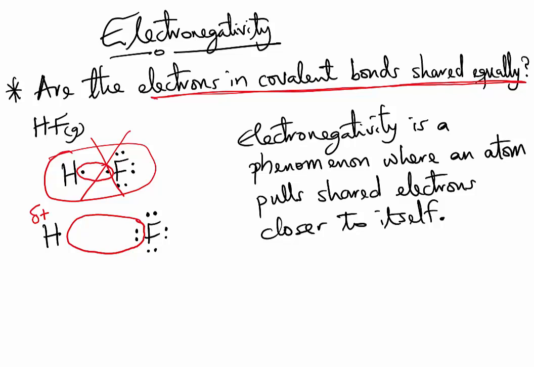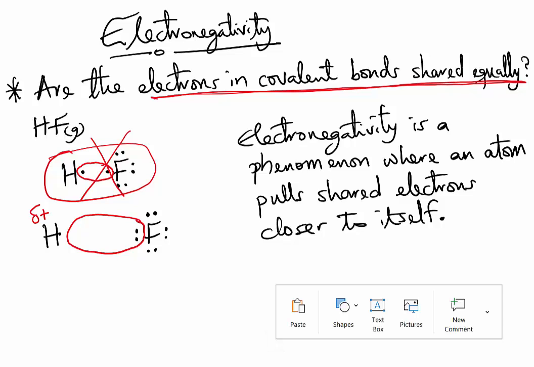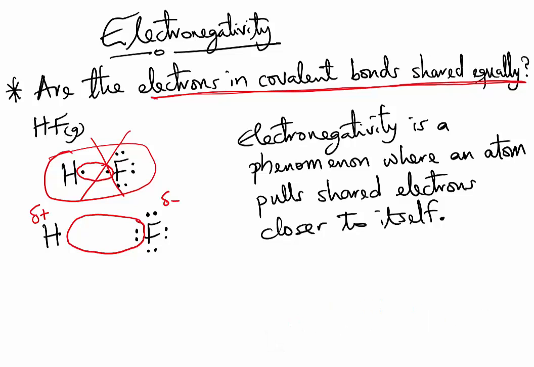In the case of fluorine, fluorine would be thinking, that sucker, I took 1 electron away from it. In reality, fluorine has not gained an electron. It has only pulled the two electrons closer to itself. So we are going to place a partial negative charge on fluorine.